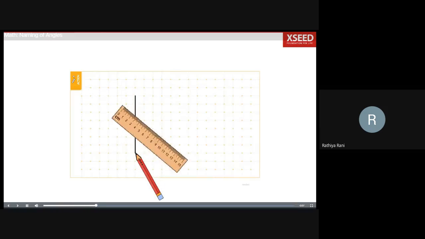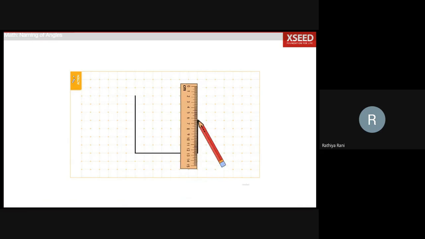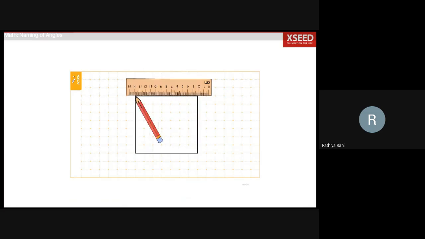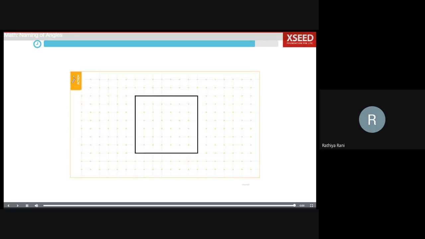Use a ruler to draw a square in your journal by joining 8 dots for each side, like this. Evelyn, you can draw a square. You know how to draw a square, right? All the sides should be equal.